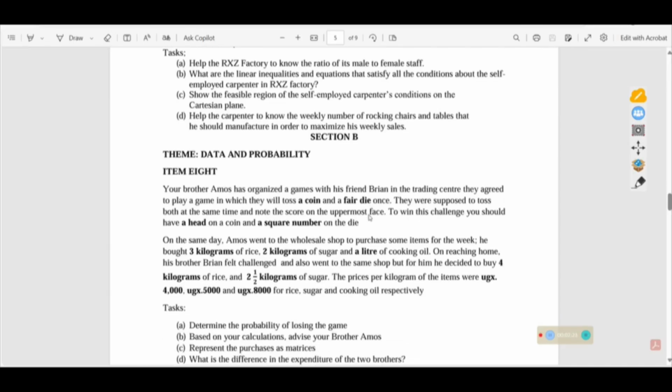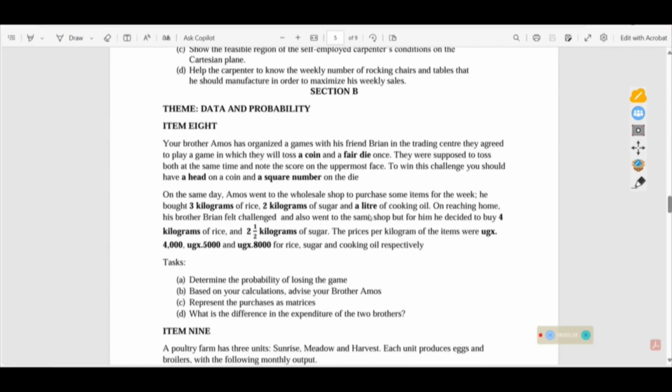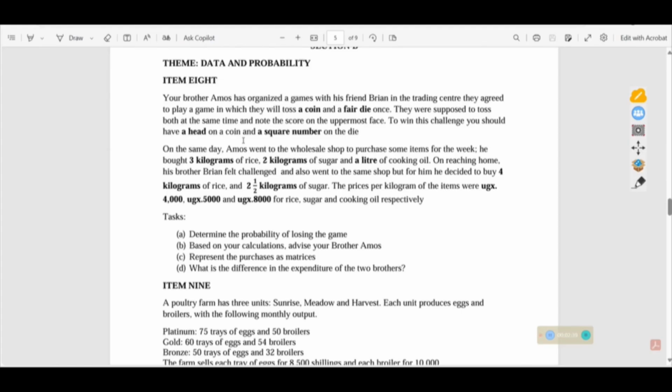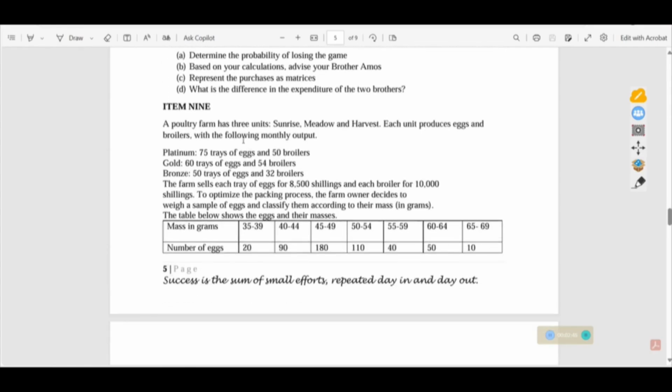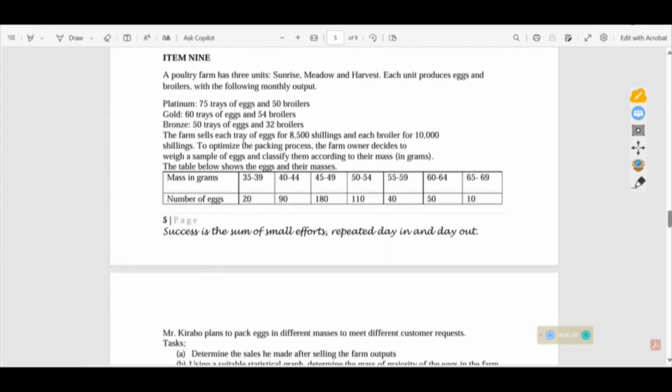So the next items are about for section B, and theme that is data and probability. That is where item number 8 is coming from. We also have item number 9.